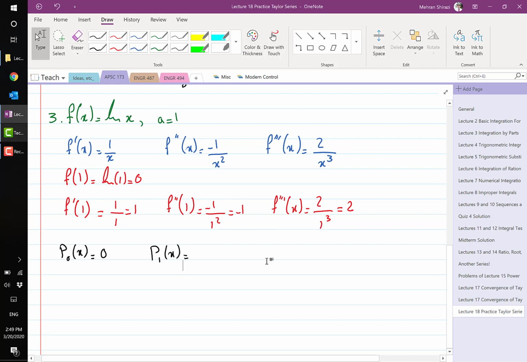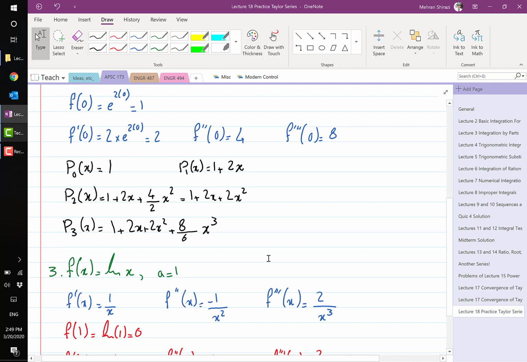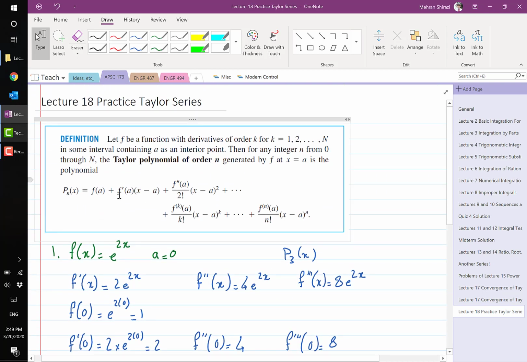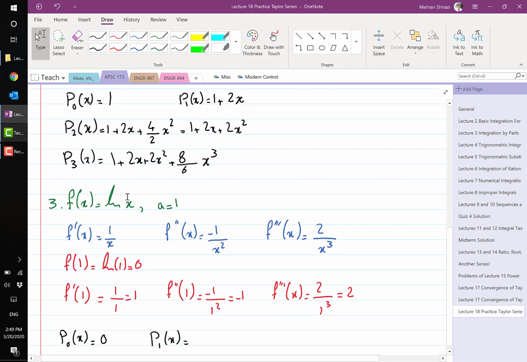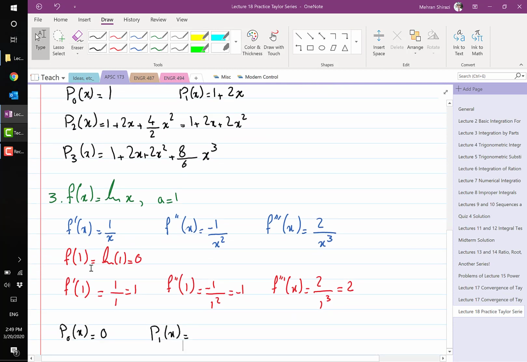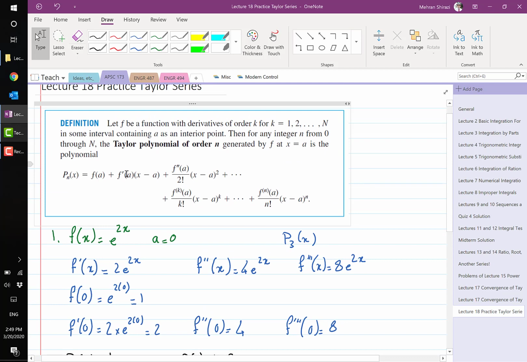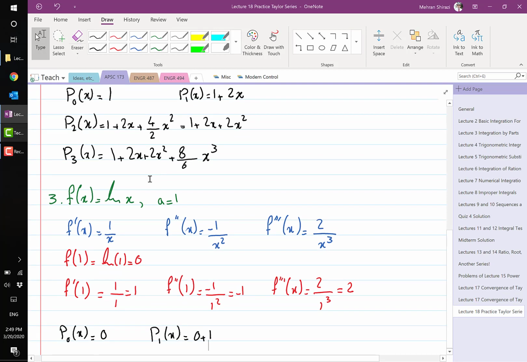What is the next term? Let's look at here. The next term is f prime at a. F prime at a is 1, so we have 1. So I write it 0 plus 1 times what? 1 times x minus a. A is 1. So it's 1 times x minus 1, which is x minus 1.